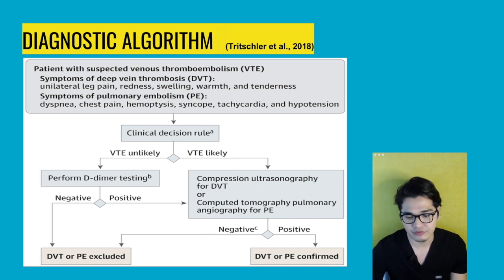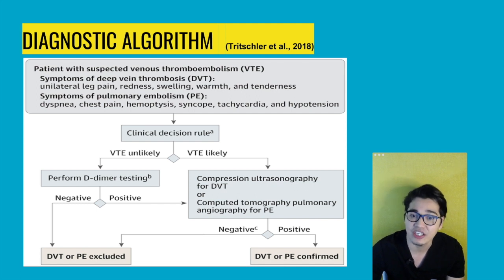Diagnostic algorithm for a patient suspected with VTE. Signs and symptoms of a DVT for a patient would include leg pain, redness, swelling, warmth, and tenderness. If a patient is suspected of a PE, they may exhibit dyspnea, chest pain, hemoptysis, syncope, tachycardia, and hypotension. Clinical decision is made based on the likelihood of VTE formation.